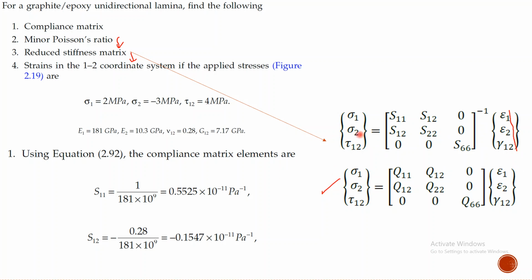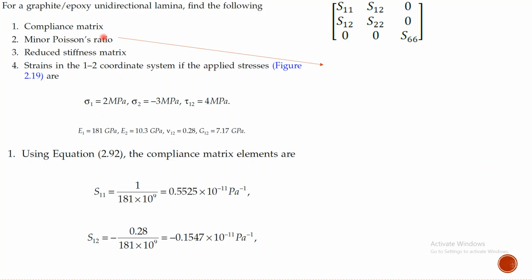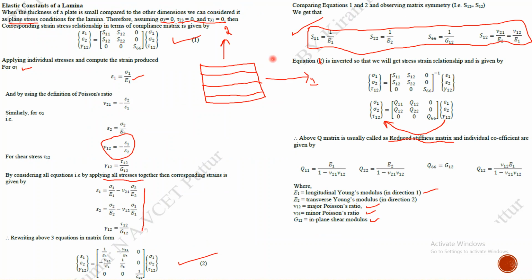Okay, once all these things are clarified, next let us go through one by one. First one is the compliance matrix. For the compliance matrix, you have to remember these terms. So S11 is equal to what? 1 divided by E1.